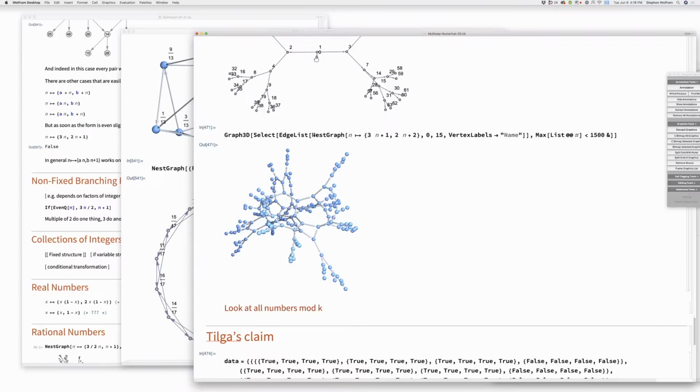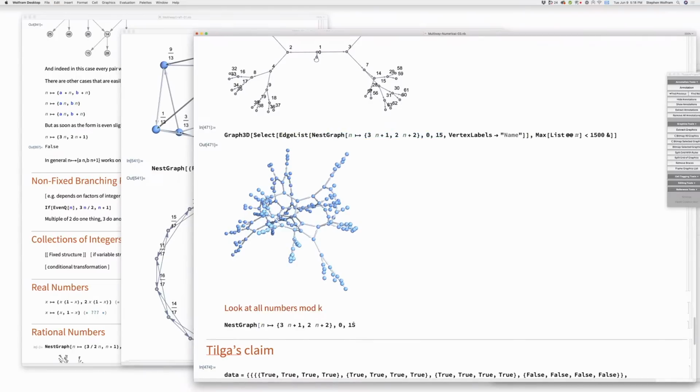I'm saying something much more elementary. In order for there to be merging, if you have two branches, one produced by a 3n plus 1 and one produced by a 2n plus 2, in order for those branches to eventually merge, there must be some number such that... Yes, I understand, but branches are not pure 3n plus 1 repeated and 2n plus 2 repeated.